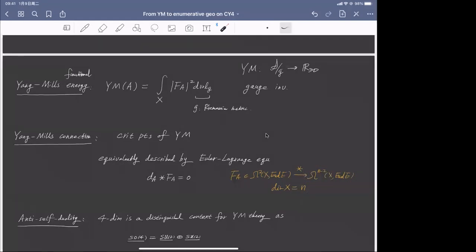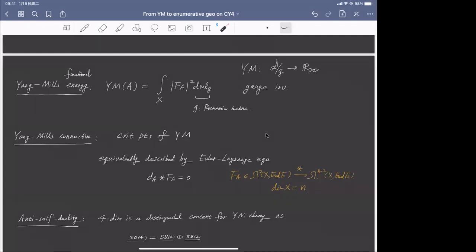Then we can extend this operation of d_A. Previously, we only defined the action of d_A on the space of sections, but we can easily extend it by the Leibniz rule to the space of all differential forms.